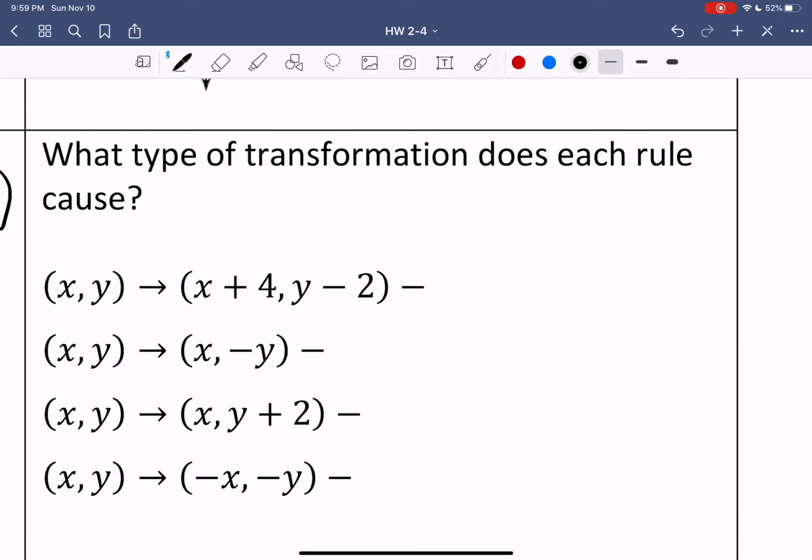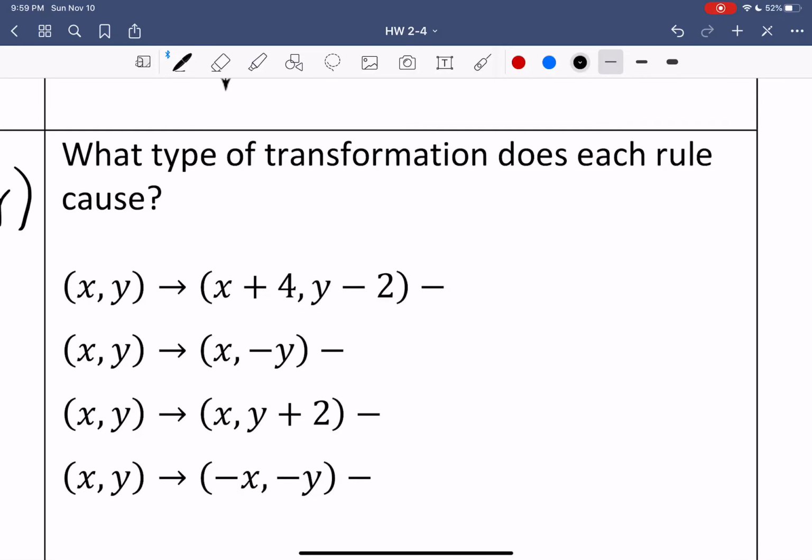And the last one says, what type of transformation does each rule cause? So remembering how to determine the rule by looking.